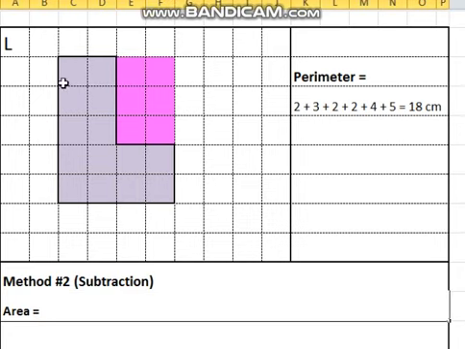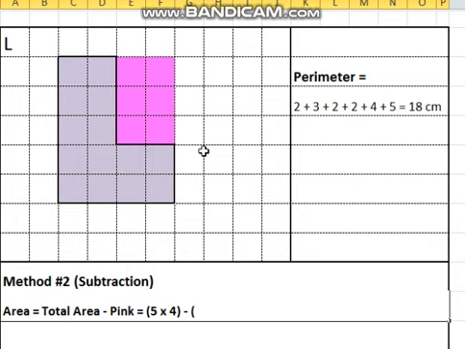So how to find the area here? For the total area, you can see the length is 5 and the breadth is 4. Let me write down first: the total area minus the area of the pink. The total area is length 5 times breadth 4, and then minus the area of the pink. You see 3 and 2, right?